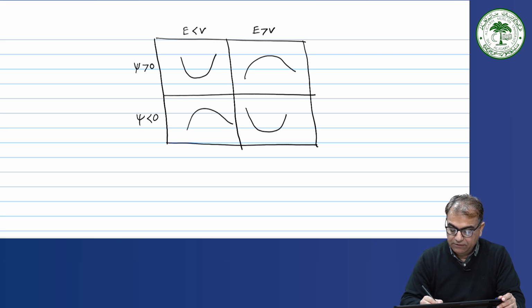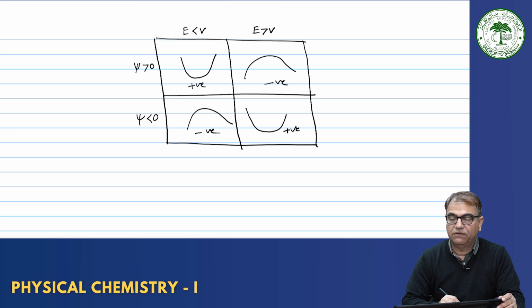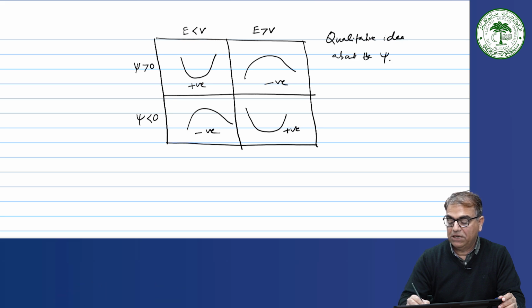A positive curvature, a positive curvature, a negative curvature, a negative curvature. So a qualitative idea about the shape of psi can be made simply by knowing E, V and psi, whether psi is positive or negative, and whether E or V is greater. You can get a shape from that.